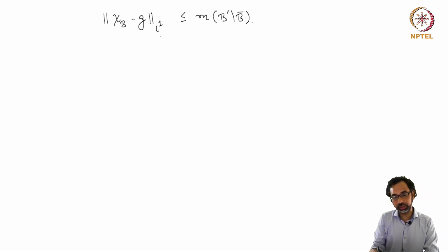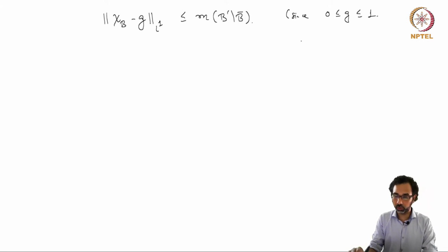So since g takes the value between 0 and 1, it is less than or equal to 1 times the measure of the set on which g is strictly between 0 and 1. So this is what we get, and this is less than or equal to epsilon.